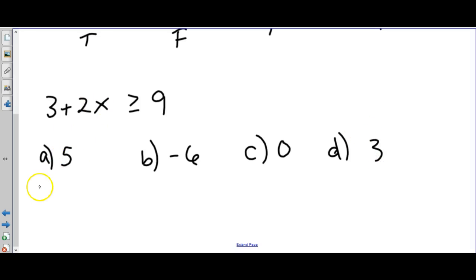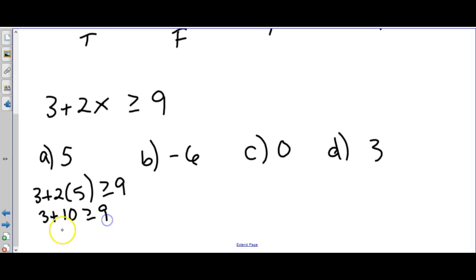Let's plug in 5. 3 plus 2 times 5 greater than or equal to 9. When you have a number next to a letter, it's assumed to be multiplication. So 2 times 5, order of operations says we do multiplication before addition. So 2 times 5 is 10. 3 plus 10 is 13. So then we check, is 13 greater than or equal to 9? That is true. 5 is a solution.